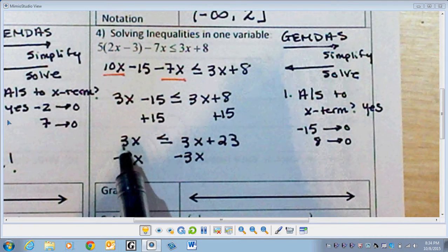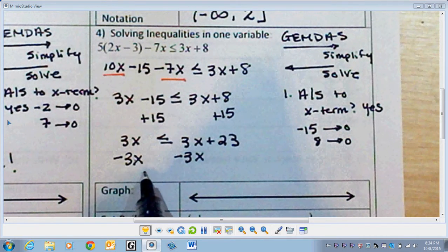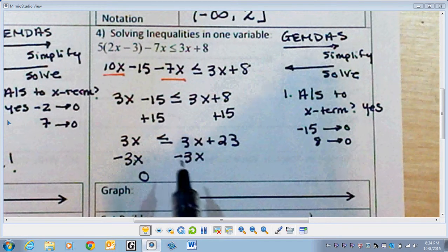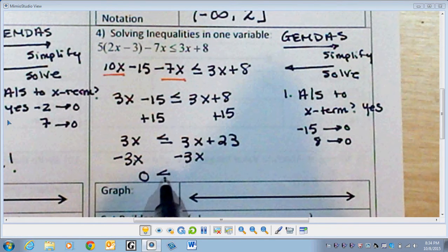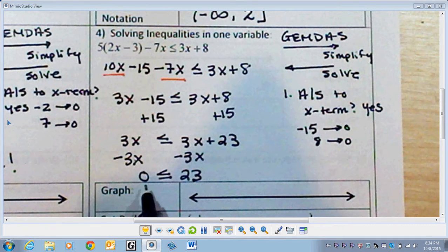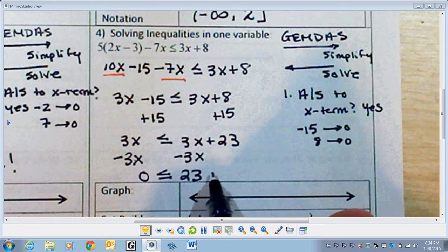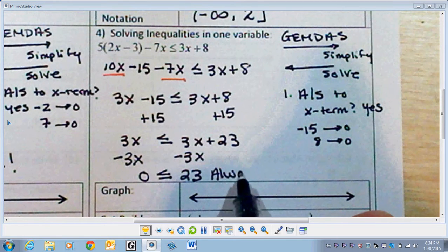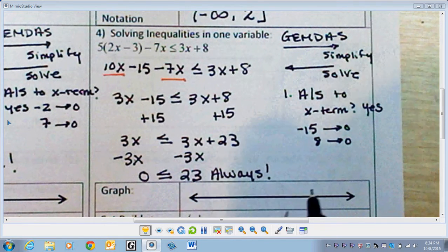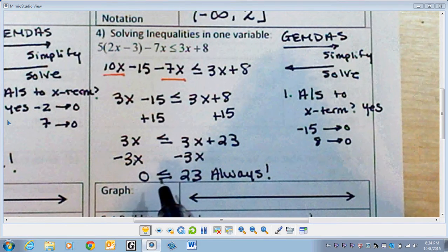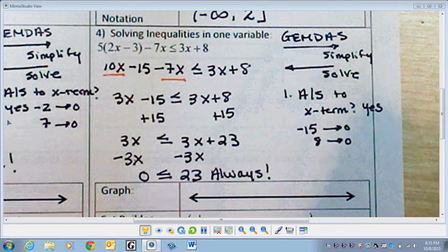So then 3x minus 3x gives me 0. 0 is a quantity, I have to write it down. Is less than or equal to 23. So is 0 less than or equal to 23? The answer is always. There is never a time when 0 is not less than 23. This is always true. Okay?